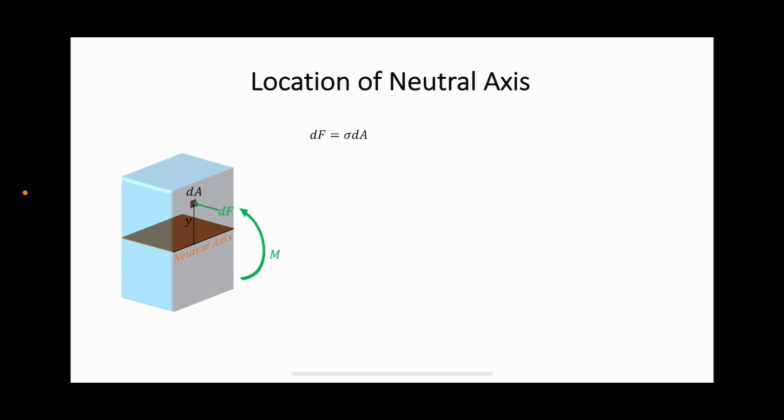Since the internal normal force at the cross-section is 0, the integral of this force over the entire cross-section must be 0. That means the first moment of area of the cross-section about the neutral axis has to be 0, and that means the neutral axis has to go through the centroid of the cross-section.